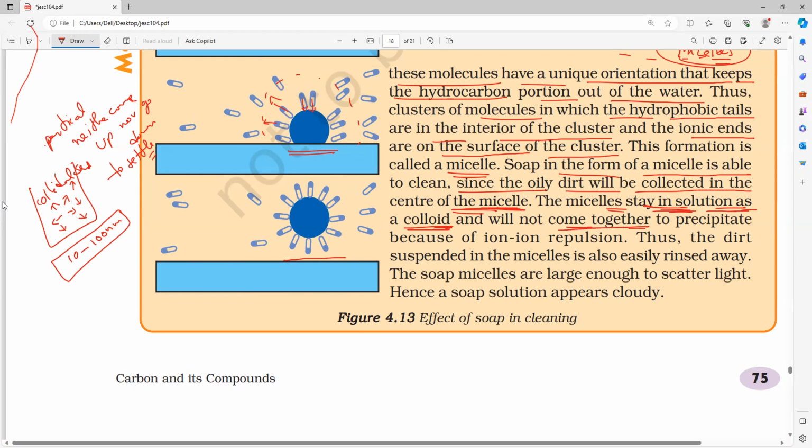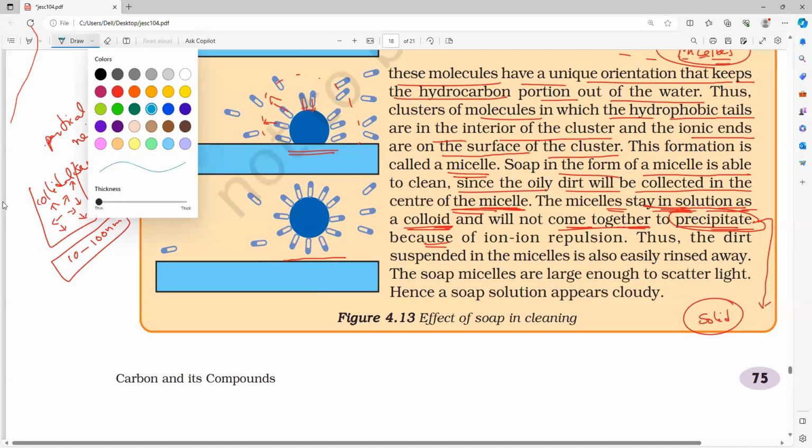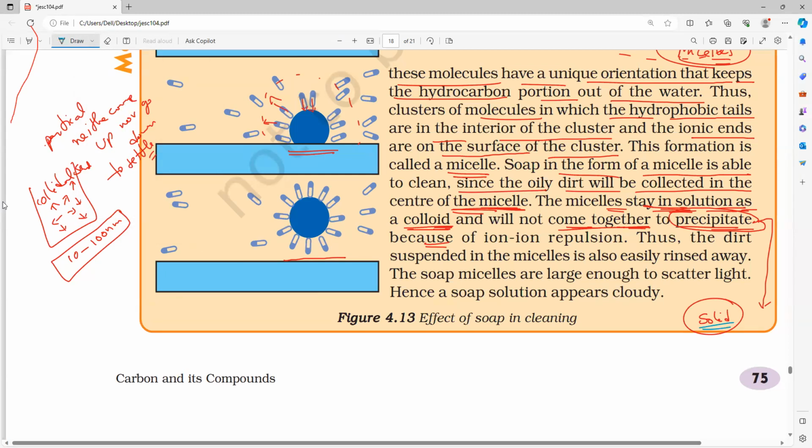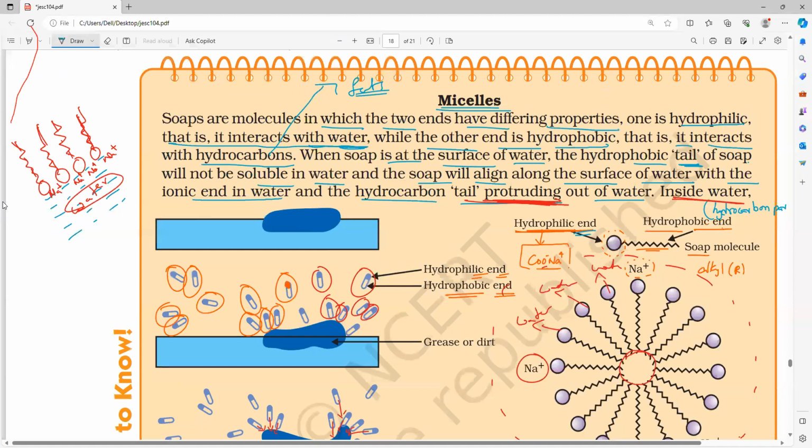They will not come together to precipitate, because what do you mean by precipitate? Anybody can tell? Precipitate means to become what? In the precipitation reaction we studied, it means to become a solid. So they will never become together because of ion-ion repulsion. We know all the ions have the same charge. If this ion wants to come here, they all have the same charge.